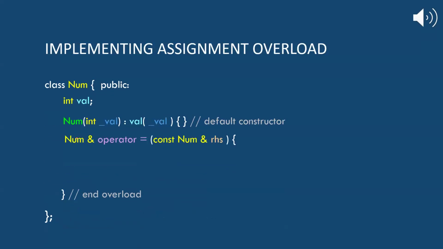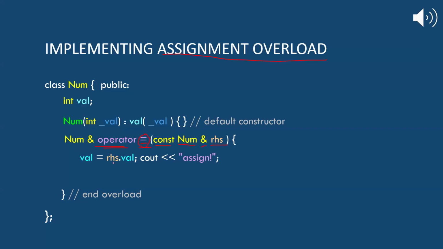Here's our standard constructor. Here is our assignment overload. Remember when we say operator plus or operator minus, we are changing the behavior when a user uses that symbol with our class. So operator equals is just an assignment overload for the equal sign. If somebody gives me a const reference to a num class, I can then do what I need to do to copy stuff over.